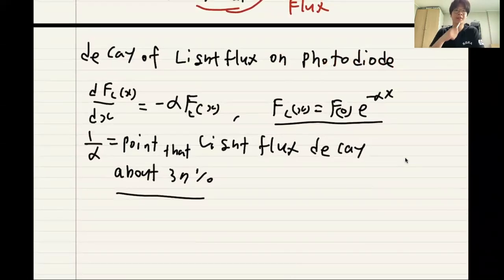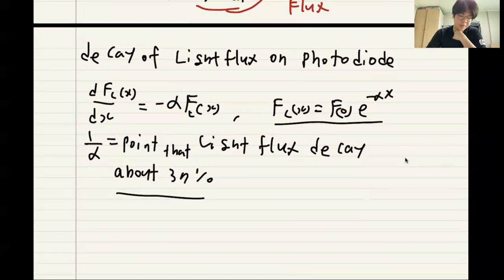So after the light flux goes through the junction, the absorption will appear. Then how can we find how fast the light flux decays?